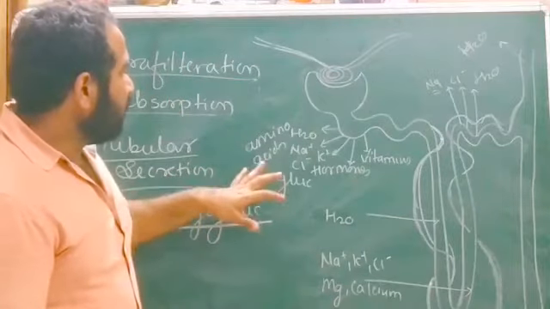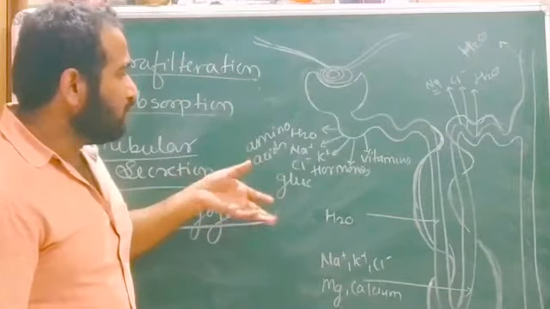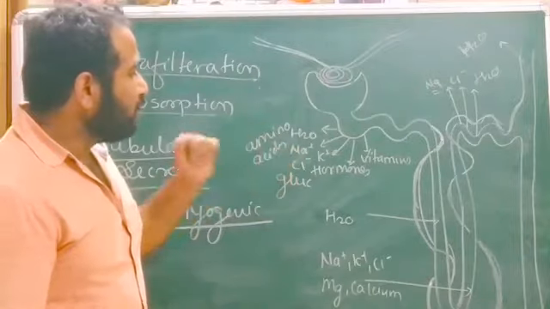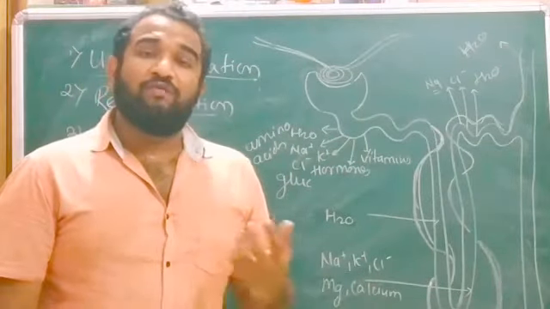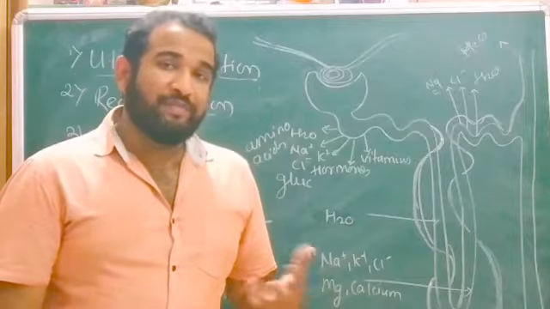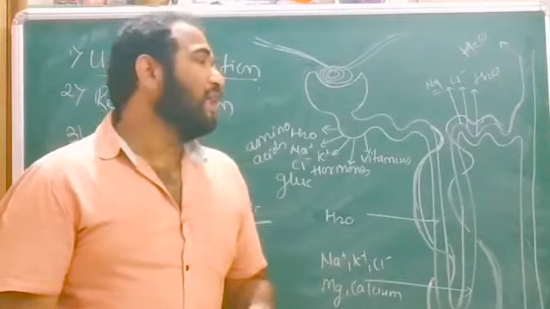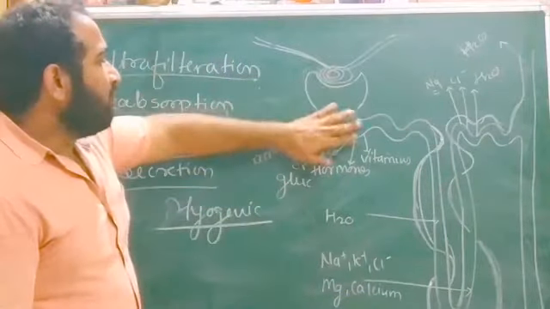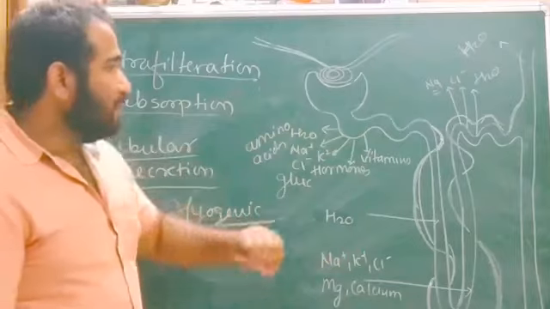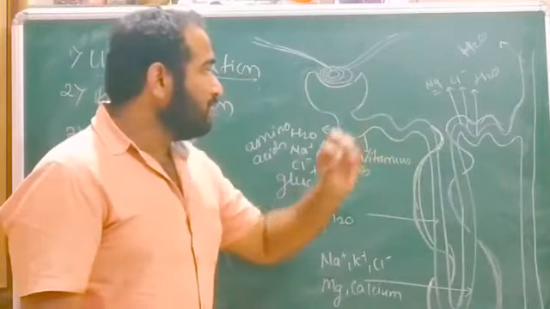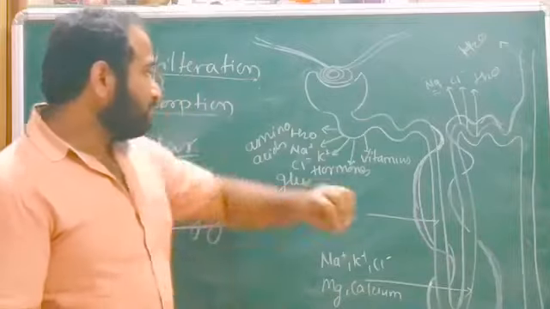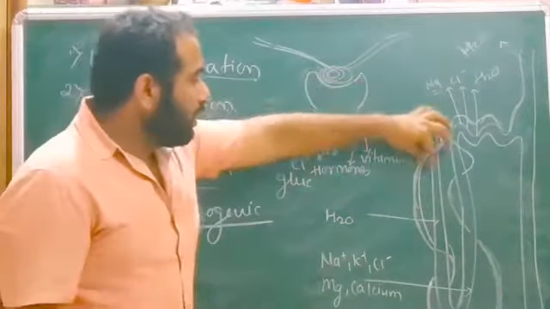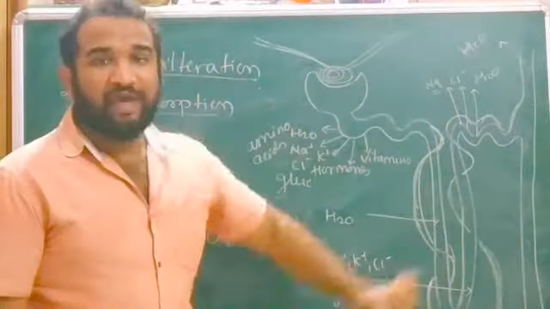Then sodium, potassium and chloride are also reabsorbed, hormones are reabsorbed, vitamin C, and water soluble vitamins like vitamin B are also reabsorbed. Now after the reabsorption process, the filtrate that is formed is going to get transported to the loop of Henle.